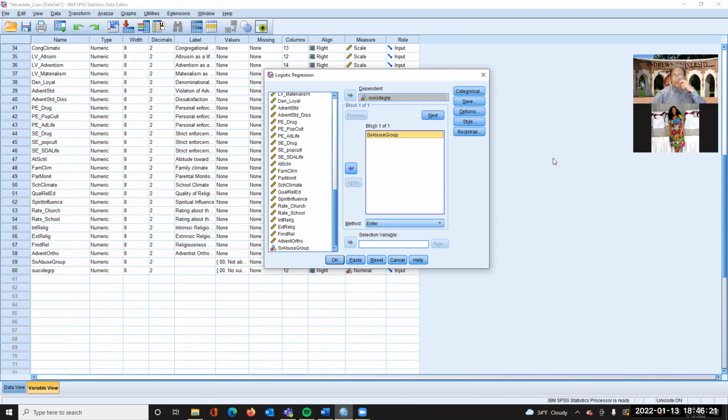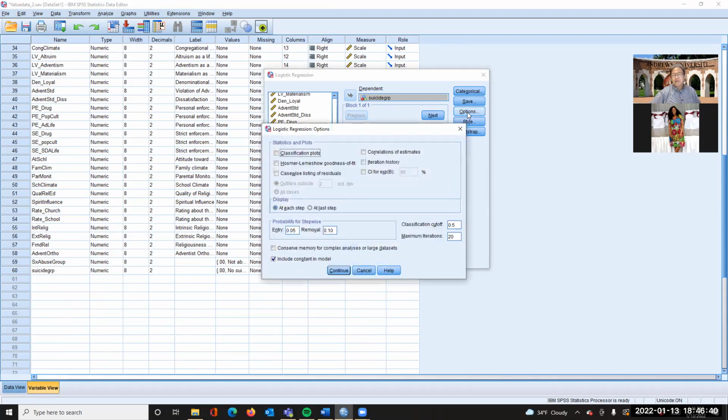Notice what we are doing here: we are using sexual abuse as a predictor of suicide attempts. The next thing we want to do is go to Options.